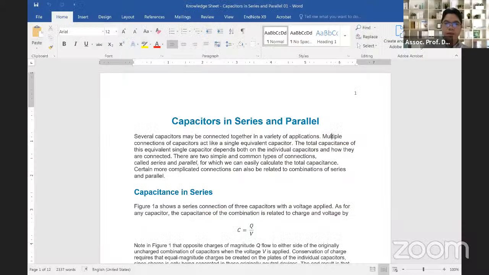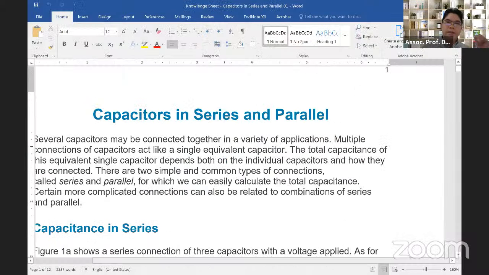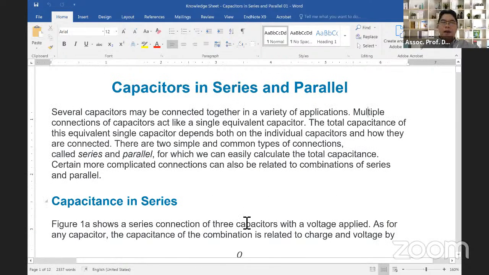So we go here: capacitors in series and parallel. In many cases, my students, capacitors are connected in series and parallel because only one capacitor is not enough. We need a variety of applications of capacitance. Some electric circuits may need smaller capacitance, and some devices may need more capacitance.